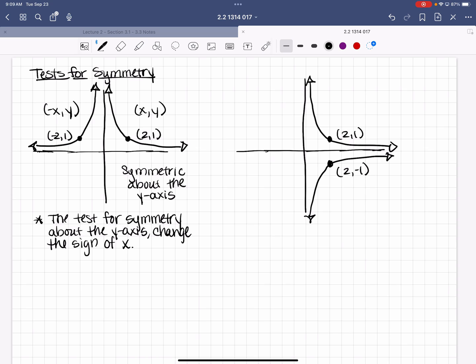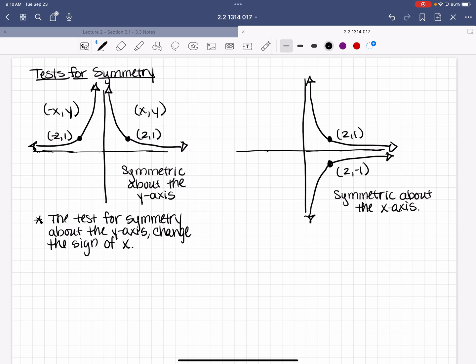And this graph is not a function, correct? Fails the vertical line test here. This is symmetric about the x-axis. And guys, what that means, if we're saying symmetric about an axis, is that if you took that graph and folded it over, in this case the x-axis, it would match up on itself. That's how I know it's symmetric about the x-axis.